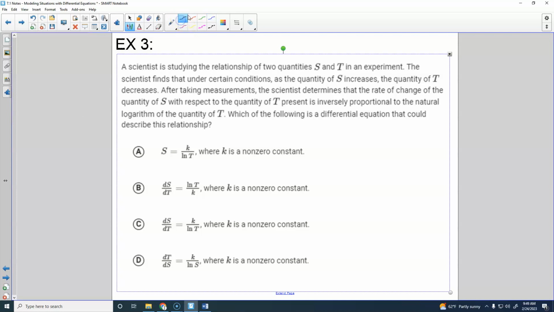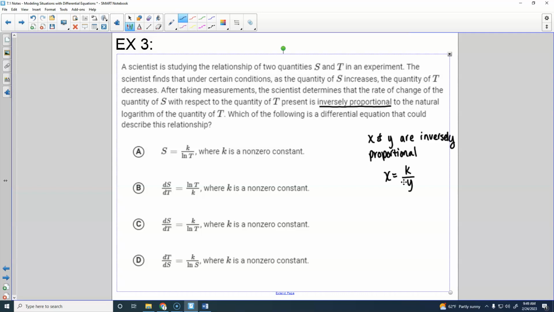So I don't know why I didn't put the definition here, but if X and Y are inversely proportional, that tells me that X is going to equal K over Y. So instead of K times Y, you would have K divided by Y right here.